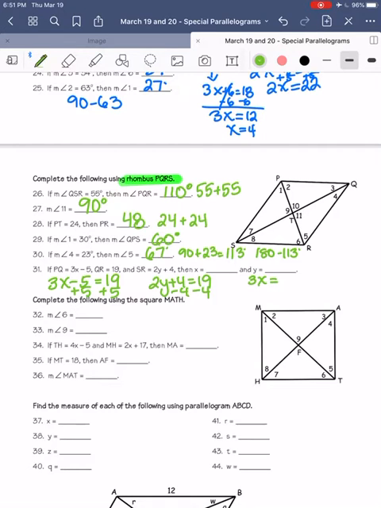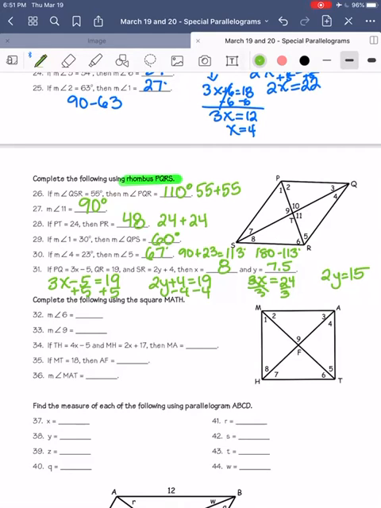So we're going to have 3x equals 24, so x equals 8. And then we're going to have 2y equals 15, so that will be 7.5. So again, a decimal, no big deal, it is what it is here.